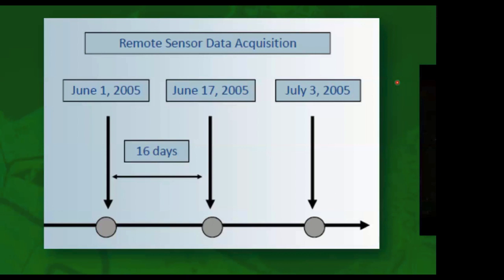So depending on which processing level you're looking at, you may see a longer revisit period. And also depending on whether there's cloud cover or not, sometimes it can even be longer.